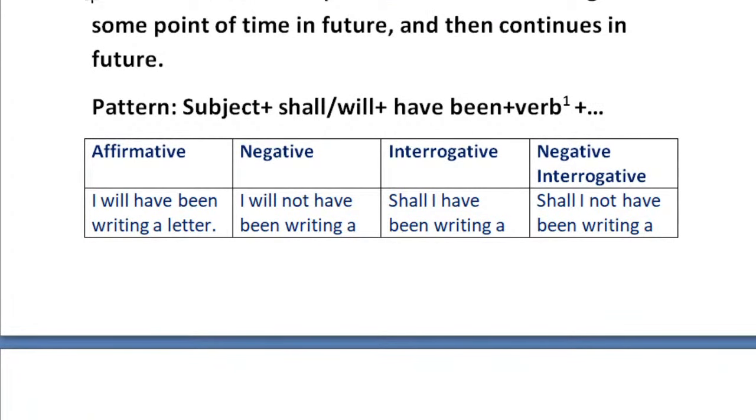So here the action starts in future, continues in future, and also stops in future. Subject, then shall or will, then have been, then the first form of the verb plus ing.